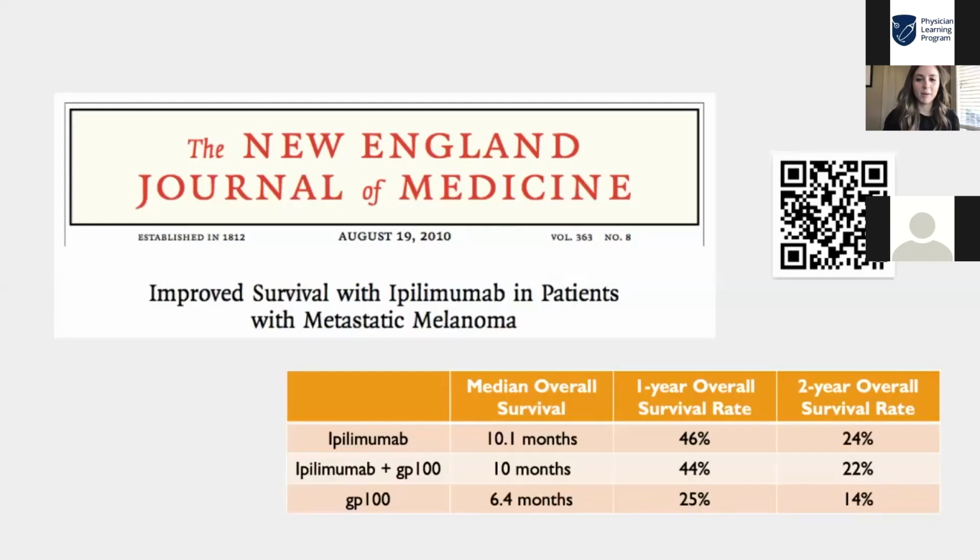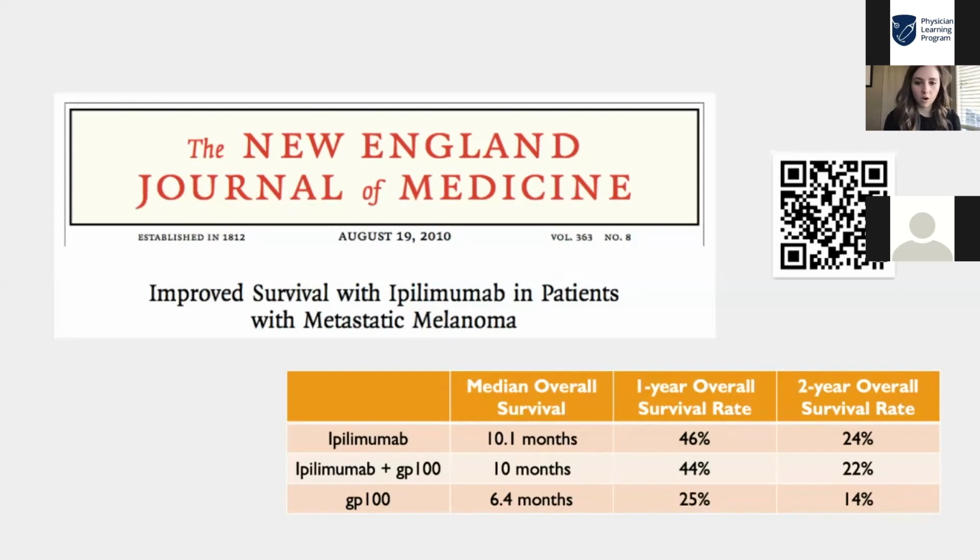So ipilimumab was the first drug to demonstrate improved survival overall in patients with metastatic melanoma. This was the original ipilimumab trial, and it was a phase 3 double-blind RCT. And essentially they compared 3 different groups: ipilimumab alone, ipilimumab with control, and then a control group alone.